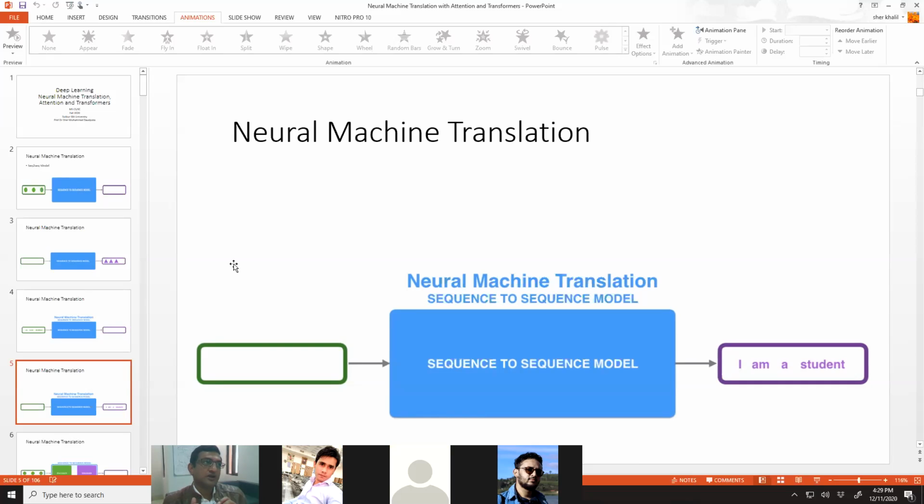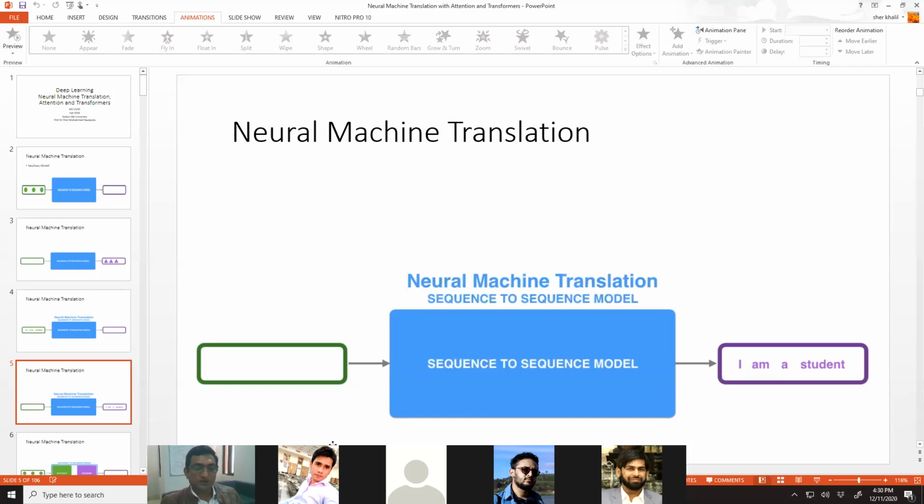So the input sequence can be in one language and the output sequence in another language, as in machine translation. In its simplest form, we can have the same language at source and destination, but the source is a question and the destination is an answer, right? You just see around, there are many sequence to sequence problems, a lot of problems which require us to map one sequence to another.